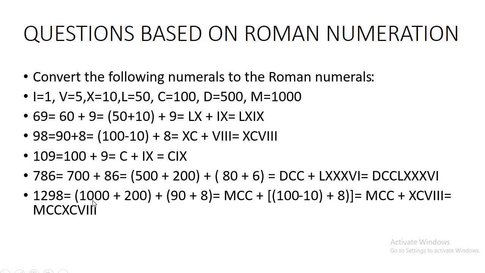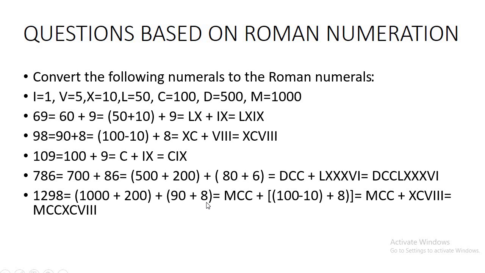1298. As you know that 1000 is represented by M, it is broken as 1000 plus 200 plus 90 plus 8. To represent 200 we have 2 C's, so MCC represents 1200. For 90 we have XC.